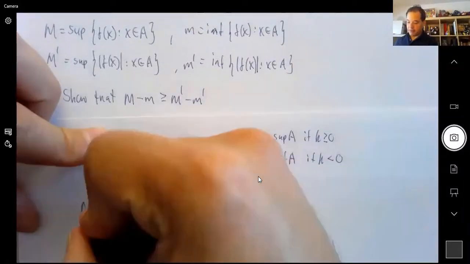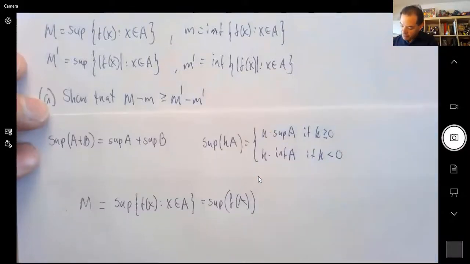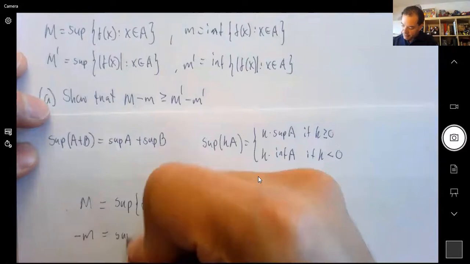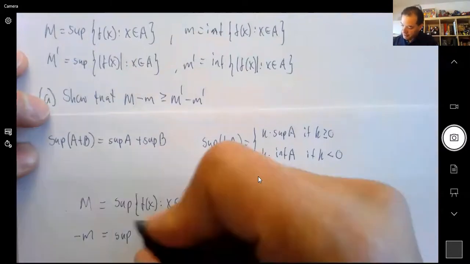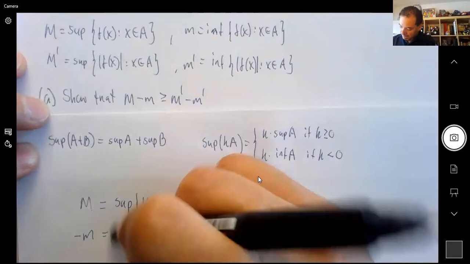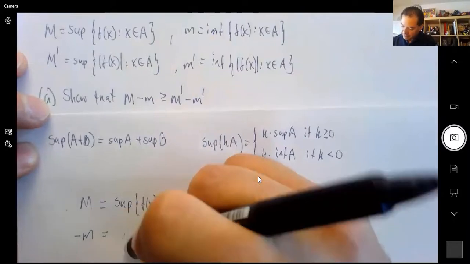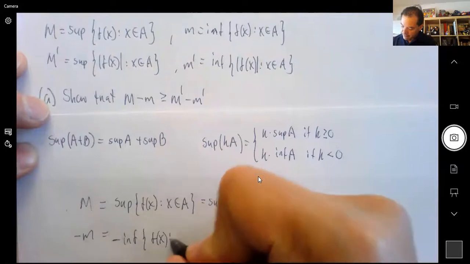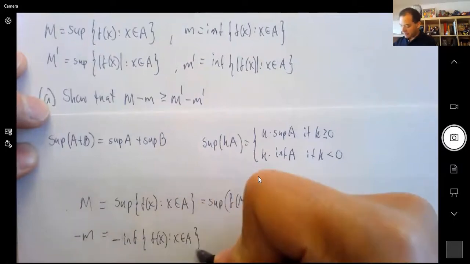How about little m? Little m is the infimum, but I want minus little m. So minus little m is minus the infimum of f of x over x in a.